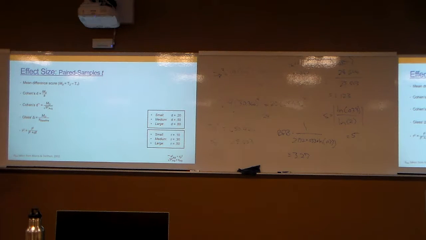Effect sizes get a little bit complicated here because we've got some different options. Once again, just a mean difference score. If I have an outcome that has some sort of inherent intrinsic meaning, just the average of the difference scores can be a meaningful metric of effect size, right?